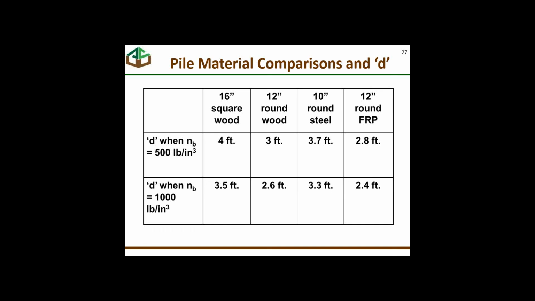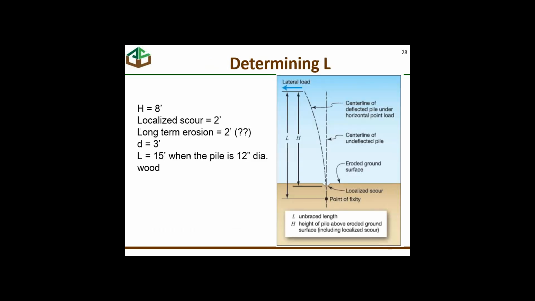That's a little bit of difference, 1.6 feet maximum, but anyway, just to show you what the variations are in depth of fixity based on stiffness and soil subgrade modulus.